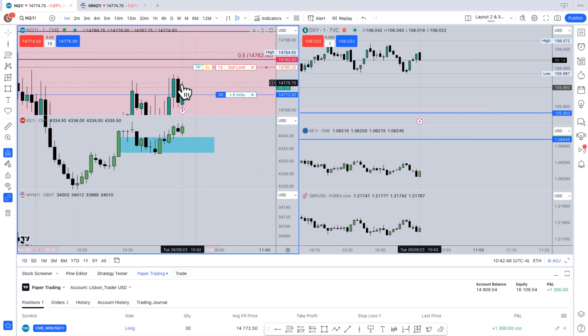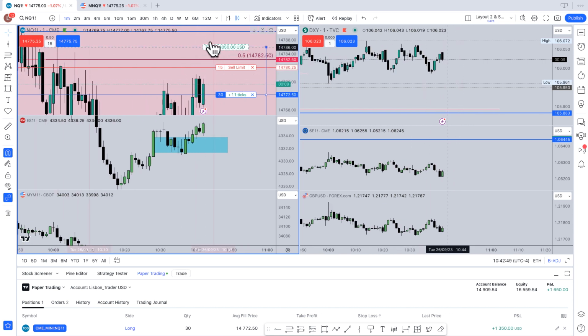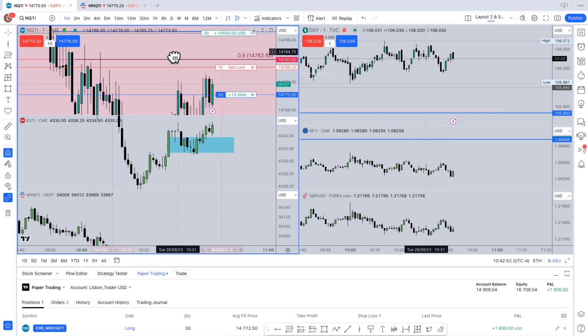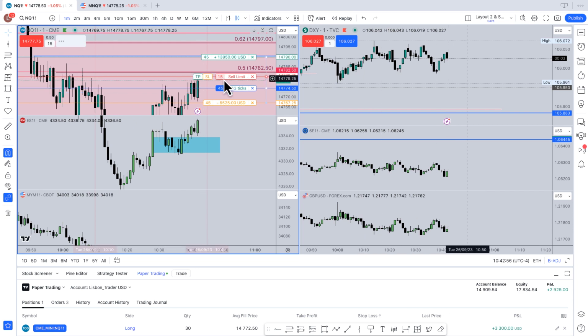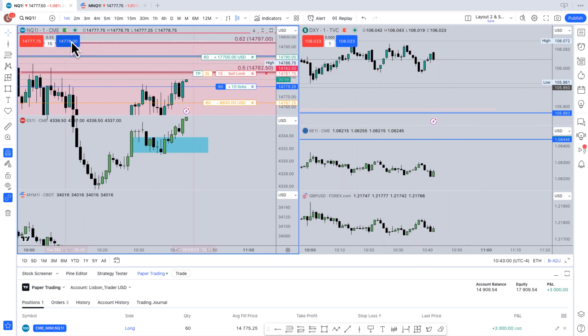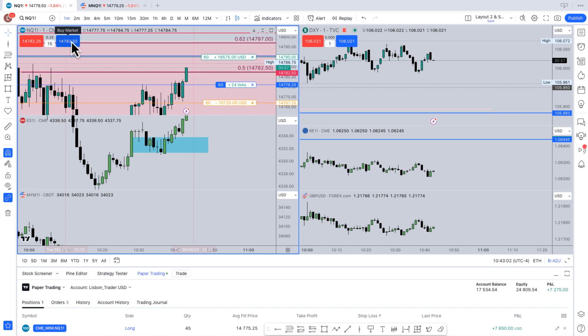Waiting for the push. This is 1042, so it will just bump there in no time. So let's buy. This is the 50% level. There. Okay, nice. Let's push.